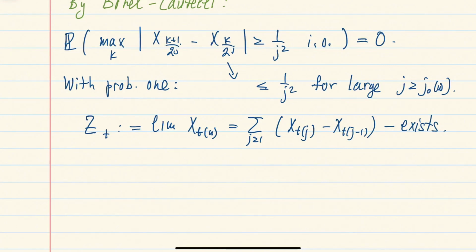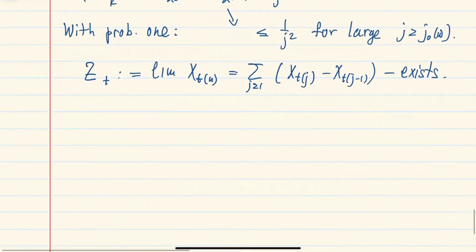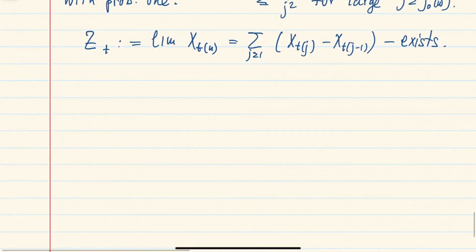Because the elements in this series are bounded in absolute value by 1 over j squared eventually for large j. And then it remains to show continuity, right? That this definition of the process z_t is continuous.